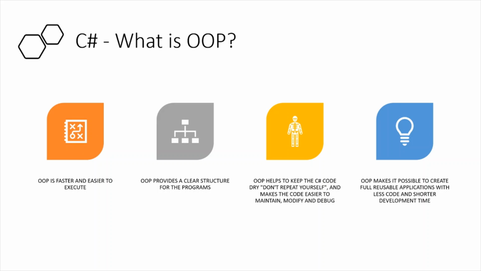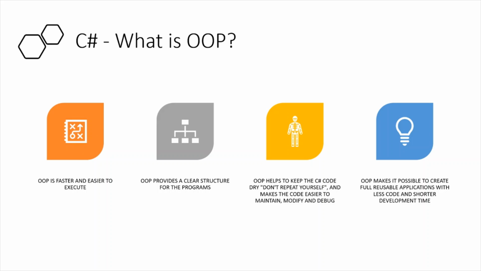So you need to divide this problem into objects. Let's say menu is one object, customer is one object, and the restaurant. Okay, now your problem is revolving around objects, and now you can divide it and you can develop your application.